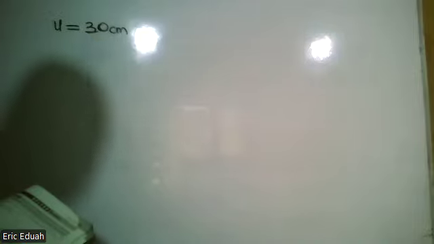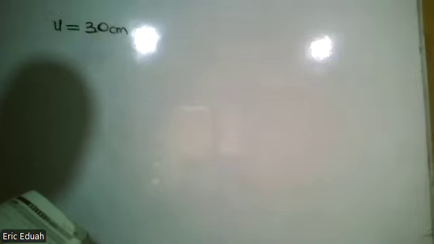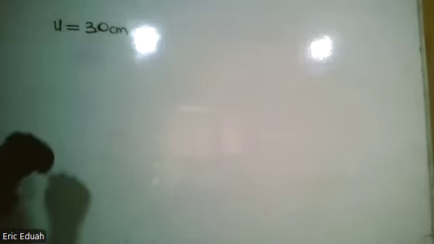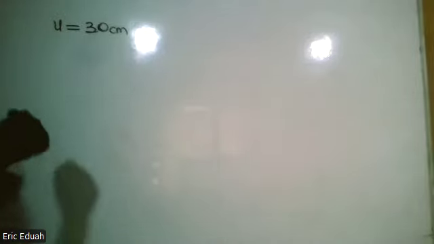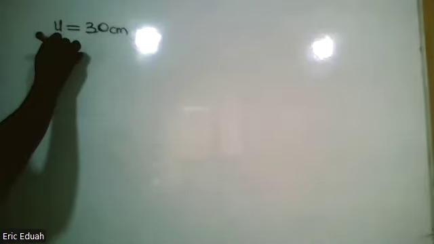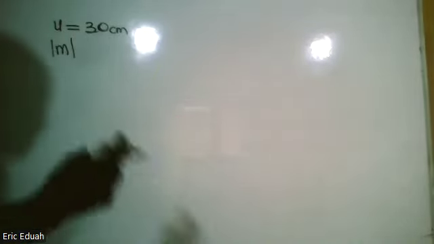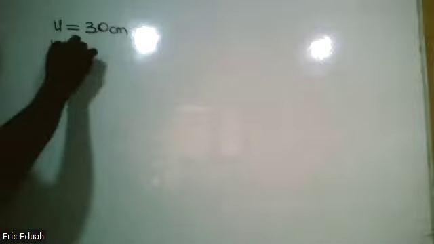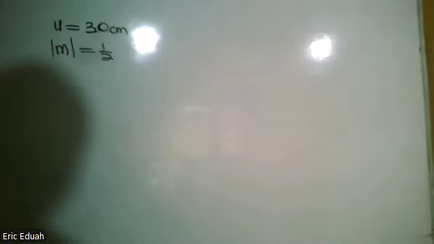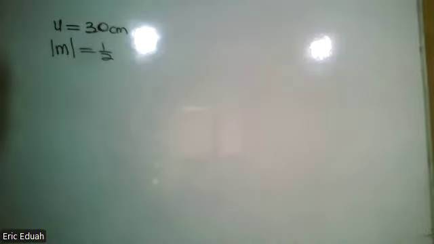The absolute value of lateral magnification is half. Lateral magnification is equal to transverse magnification, and they are all equal to linear magnification. So absolute value, meaning we are not looking at the sign attached to it, is half. Meaning once m is equal to half, it means the image is diminished.